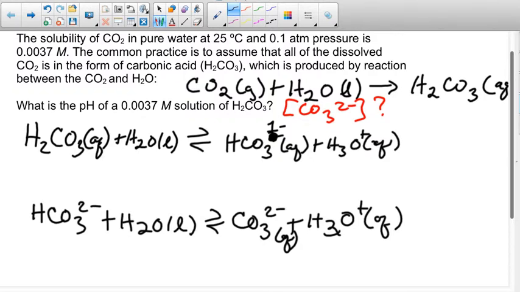So the H bottom will also be minus HCO3. Does it look like a 1 now? Yes, it does. Sorry. CO3, I just automatically put 2, but it's not.